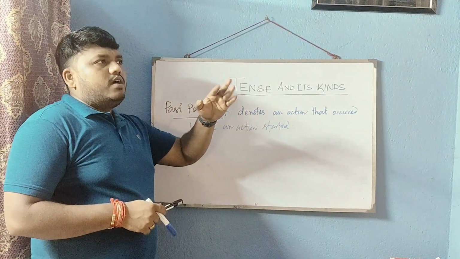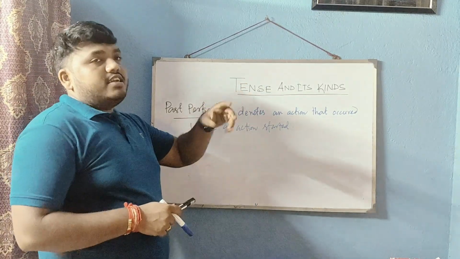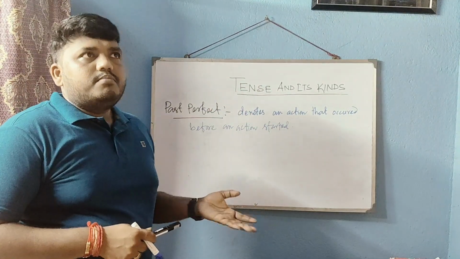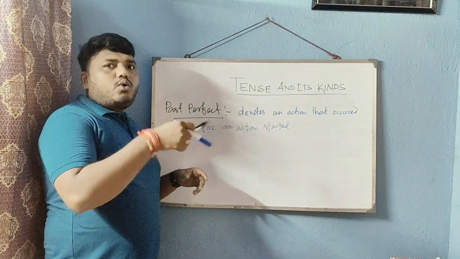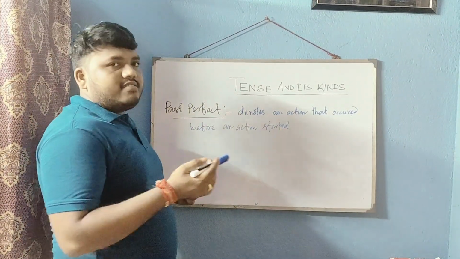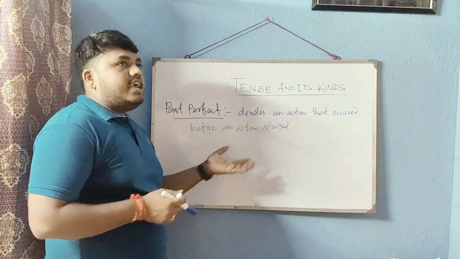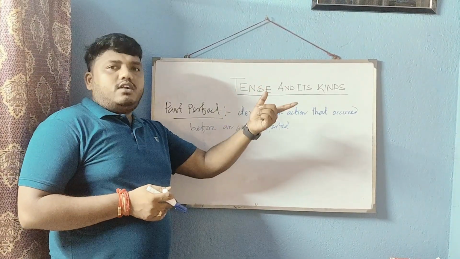For example, someone called you and expected you to come at 10 o'clock, but you arrived earlier. So he didn't have to call you again. So you can say that I had reached there before he called.